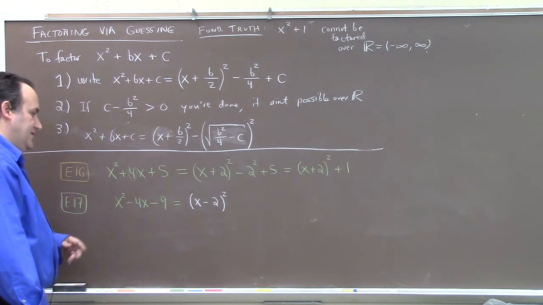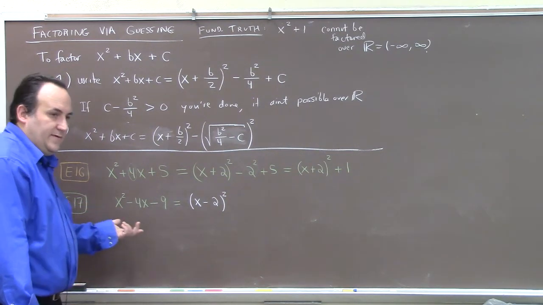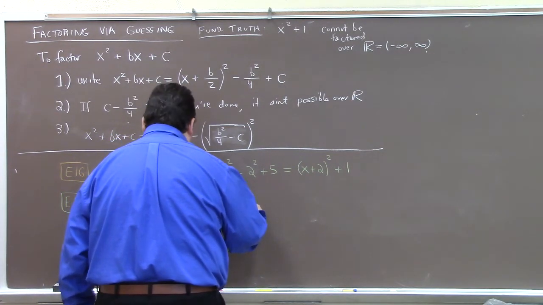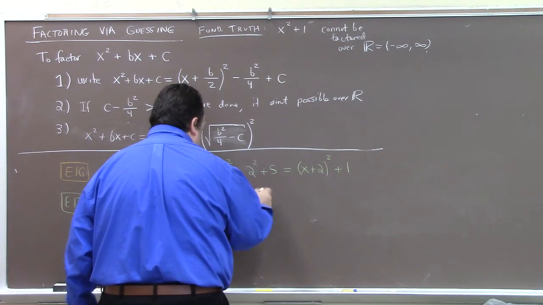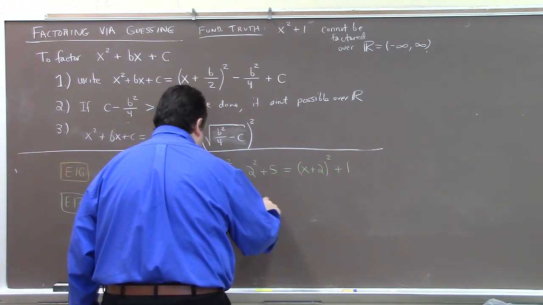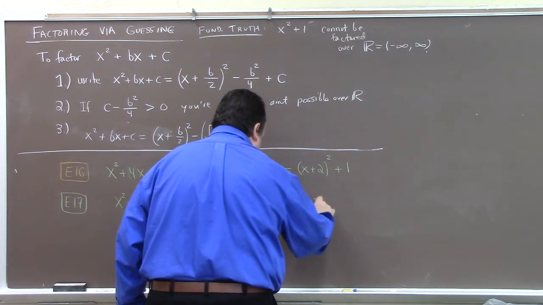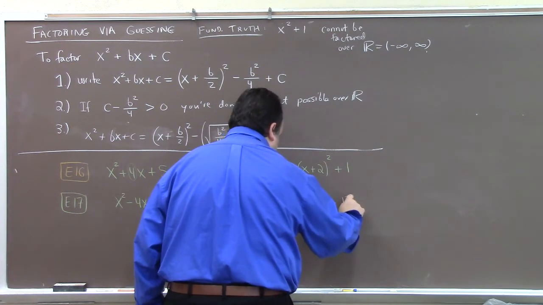And then I have to subtract 4, so minus 2 squared. It's actually minus minus 2 squared, but that's the same. So what we've got then is x minus 2 squared minus 13.